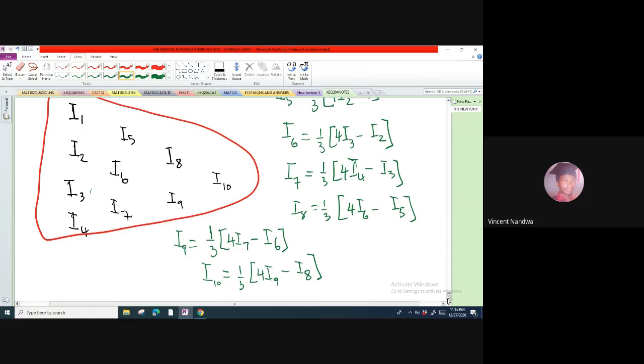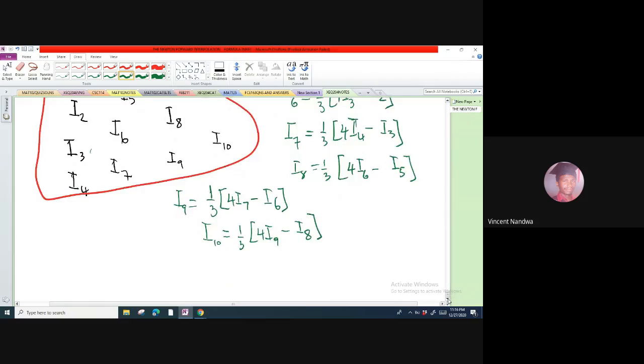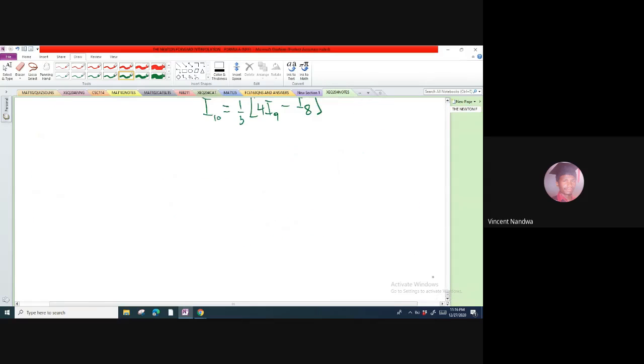Now, you can make the scheme even larger by varying the values of h. Assuming we have the integral from 0 to 2 of f of x dx, let's pick h to be 1.